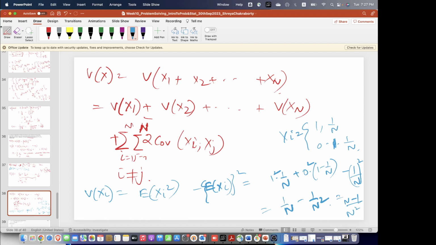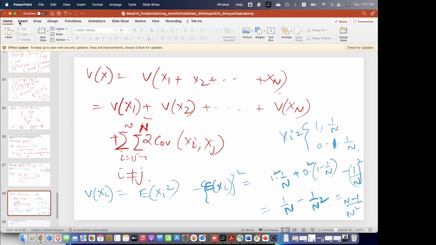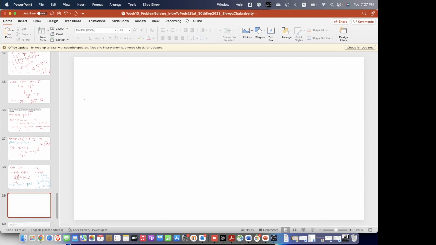Now what we have to do is find out the covariance of the ith terms. The covariance between xi and xj is given by the expectation of xi xj minus the expectation of xi into the expectation of xj.